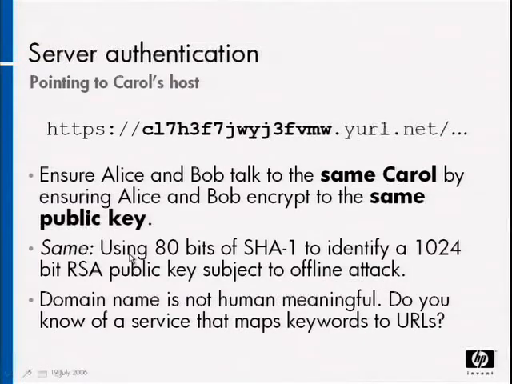Now when Bob's computer receives this URL, he knows he's supposed to send messages to the target designated by this URL. So he'll set up an SSL connection, and make sure that the remote side is signing this SSL session with a public key that matches this hash. And if so, he knows he's sending his messages to the target he was told to.